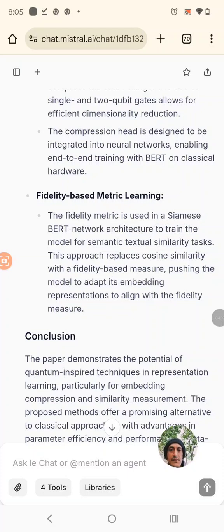The fidelity metric is used in a Siamese BART network architecture to train the model for semantic textual similarity tasks. This approach replaces cosine similarity with a fidelity-based measure, pushing the model to adapt its embedding representation to align with the fidelity measure.